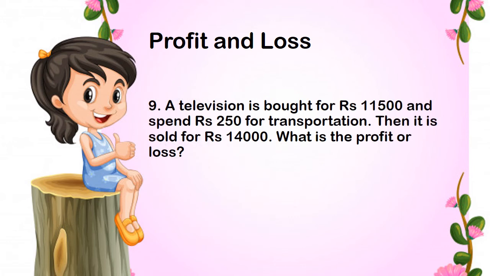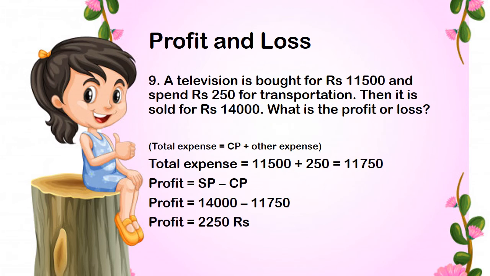A television is bought for 11,500 rupees and he has spent 250 rupees for transportation. Then it is sold for 14,000 rupees. What is the profit or loss? Here he had two expenses. One is cost price and the other is other expenses which he has spent for transportation.